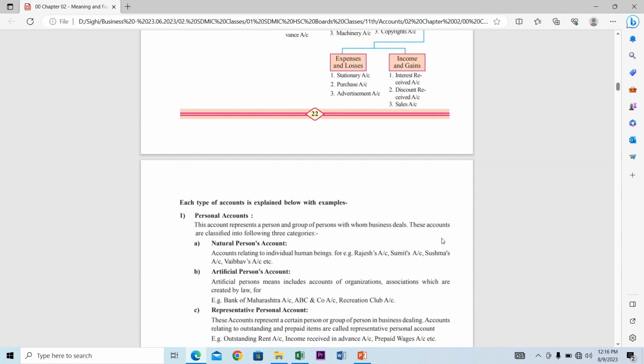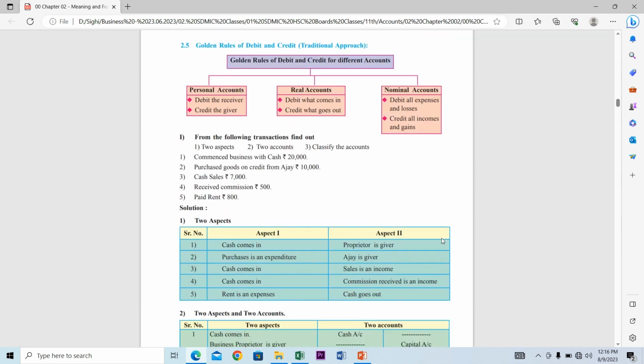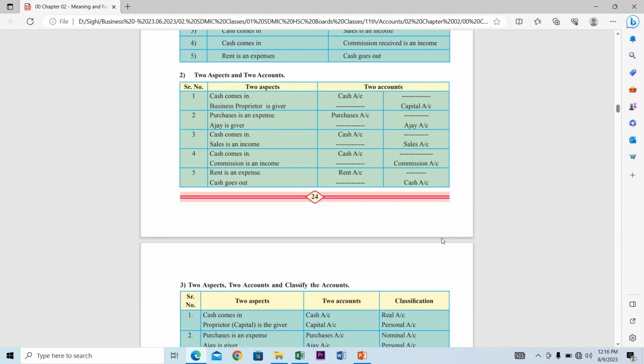In the end of the last class we explained the golden rules of debit and credit. And today we will explain the two aspects, two accounts and classification.